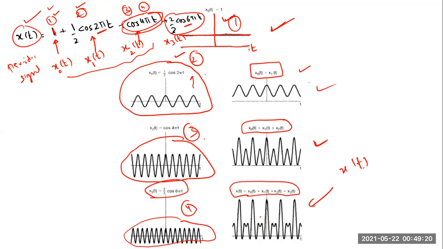And if you go in the reverse process, if this is x(t), but if you break it down, actually it is made up of this signal, this signal, this signal, and this signal.